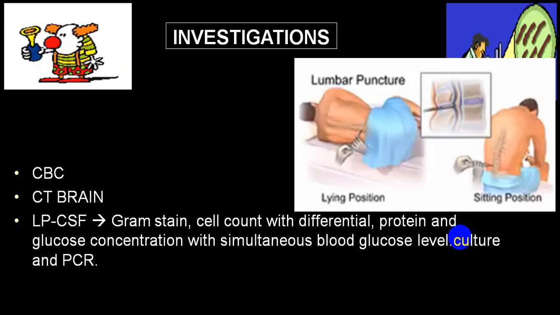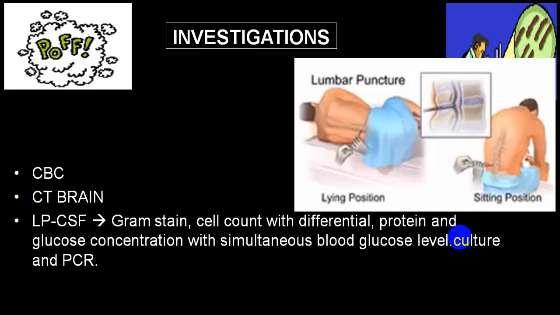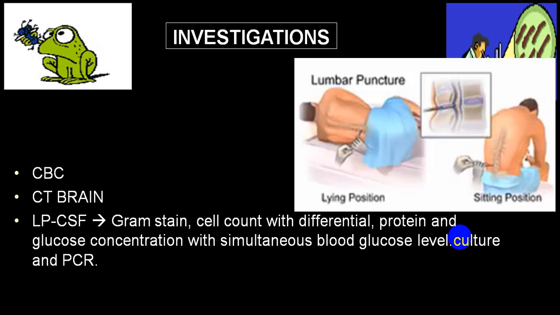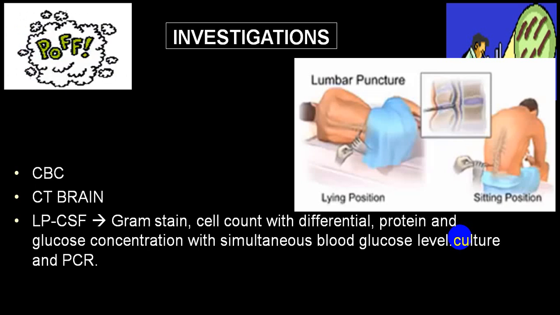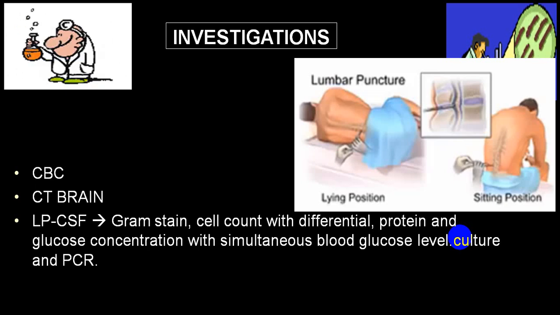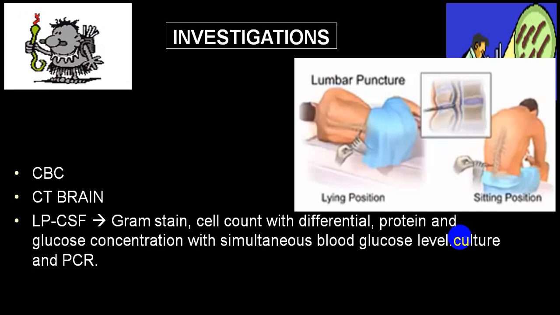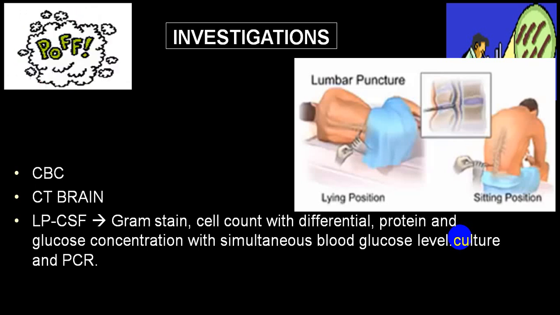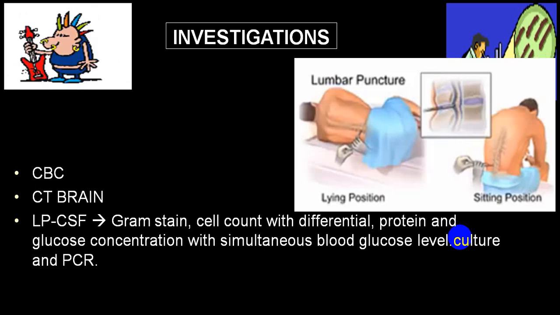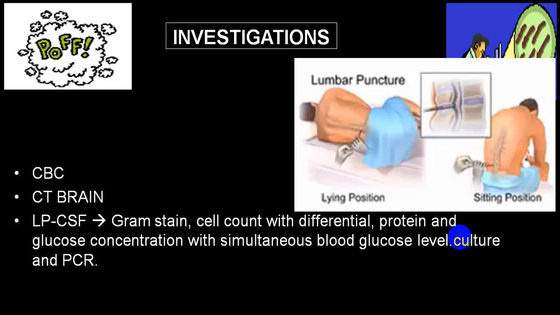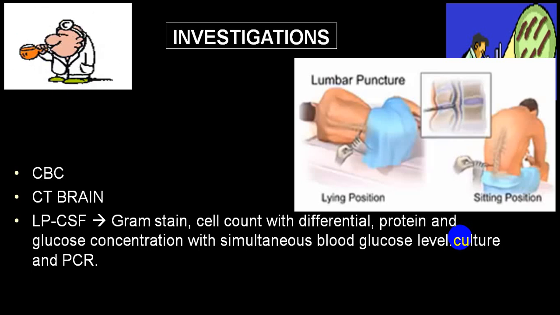Lumbar puncture will be the most important thing, which will help you by detecting bacteria by Gram stain or by ZN stain, also by presence of WBC and differential count. Lymphocyte count will be elevated in case of viral, tuberculosis and fungal, while neutrophils will be very high in case of bacterial.